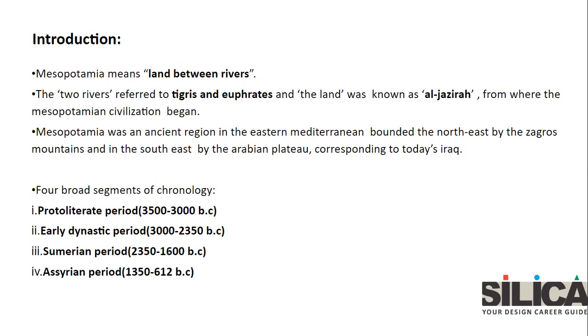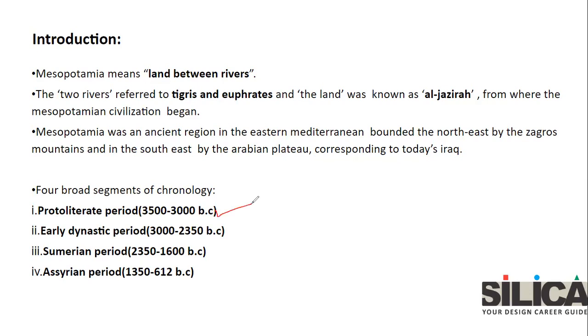Four broad segments of chronology: Proto-Literate period, early dynastic period, Sumerian period, and Assyrian period. Now, these are the different periods. Proto-Literate period, which is 3500 to 3000 BC.